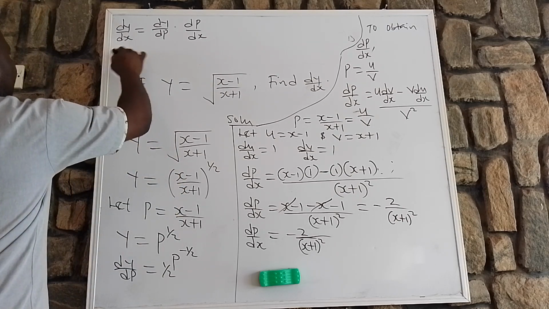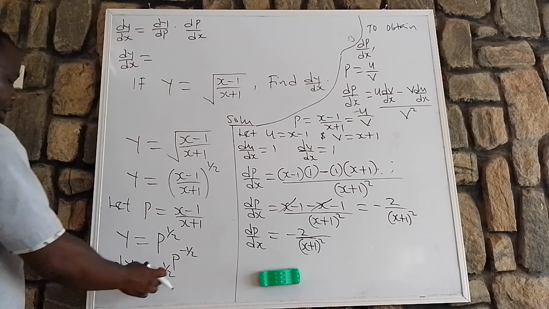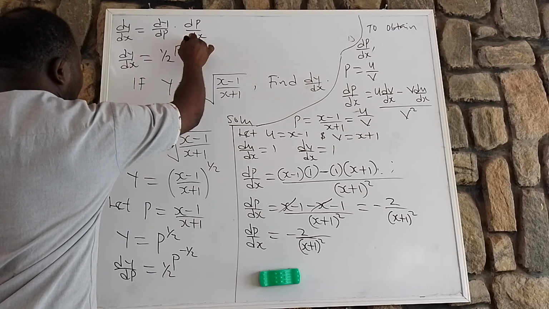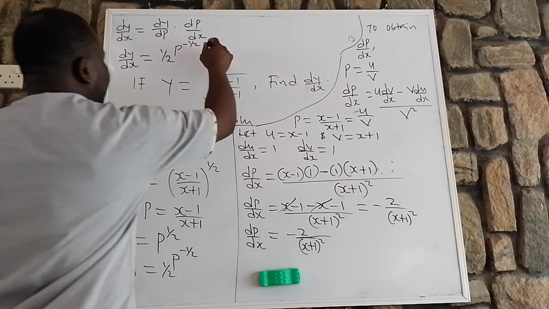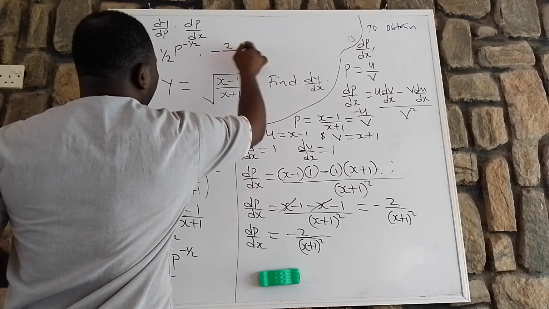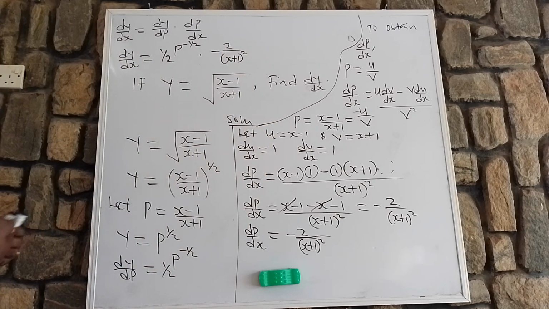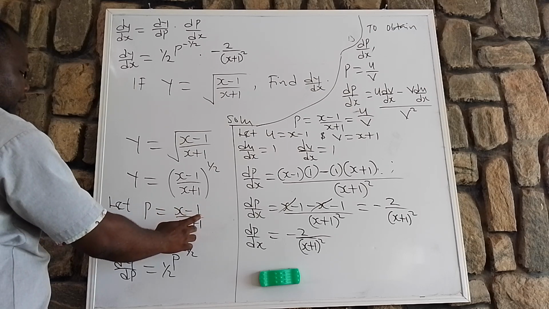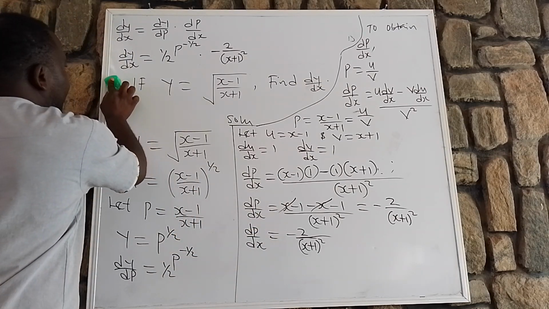So our dy over dx is equal to, what is our dy over dp? It is 1 over 2 p raised to the power of minus 1 over 2, then times dp over dx, which is minus 2 all over x plus 1 raised to the power of 2. True or false? Note that your p is equal to x minus 1 all over x plus 1, so don't forget your p.